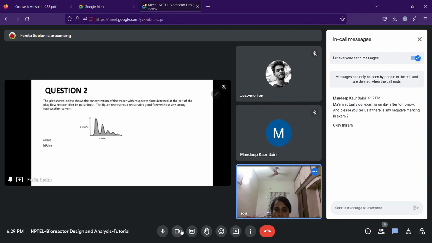So question number two: a plot is given below, which shows the concentration of the tracer with respect to time detected at the exit of the bioreactor after its pulse input. The figure represents a reasonably good flow without any strong recirculation current. Is this statement about the graph true or false?